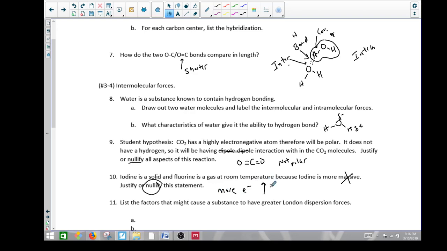Therefore, increased London dispersion forces. Now, I don't believe that this is something they would put on an AP test. What they would do, however, is that when you justified it, and if you put more massive, then they're going to mark it wrong. But they're not going to put more massive on there because it's too close. But make sure you reference more electrons, not just simply more massive.